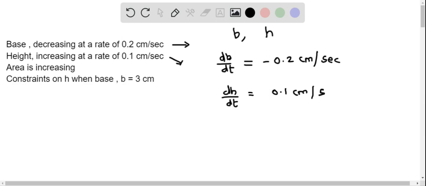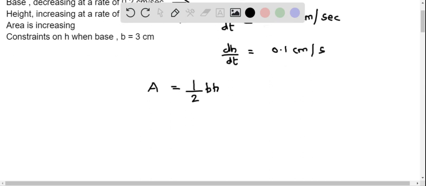Now we are told that the area is increasing and we need to find the constraints on H. So let's write down the area formula for a triangle. If we denote the area of the triangle as A, the formula to find the area of a triangle is half of base times H. So I write this as A equals half of BH. Now let's find the derivative on both sides.